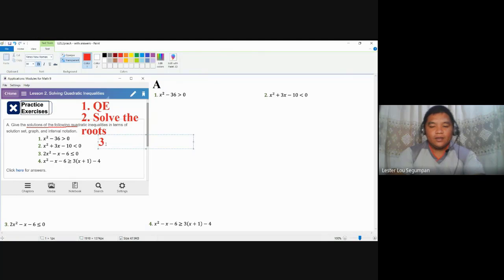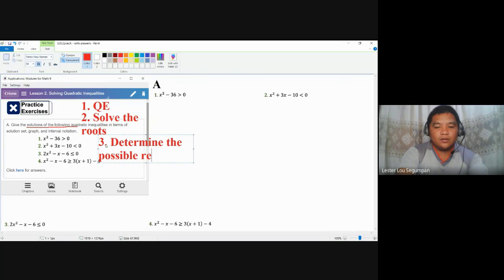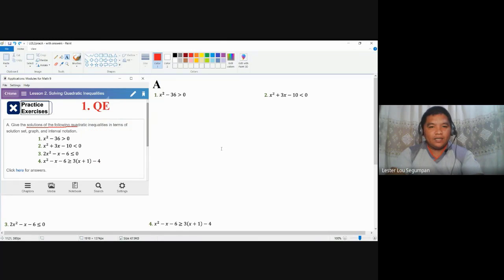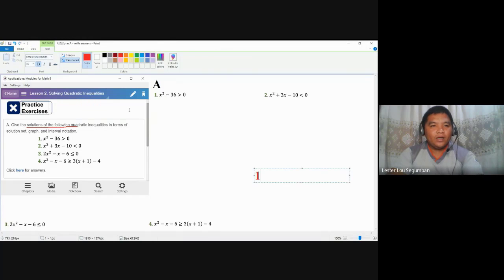Next, we are going to determine the possible regions. Let me just rewrite everything here. Step one, equivalent quadratic equation.